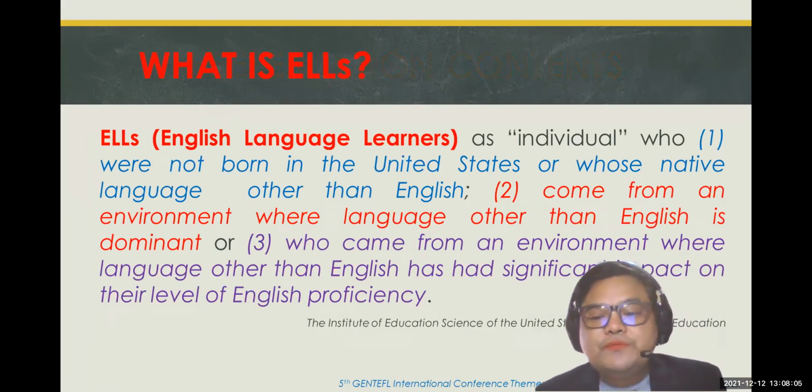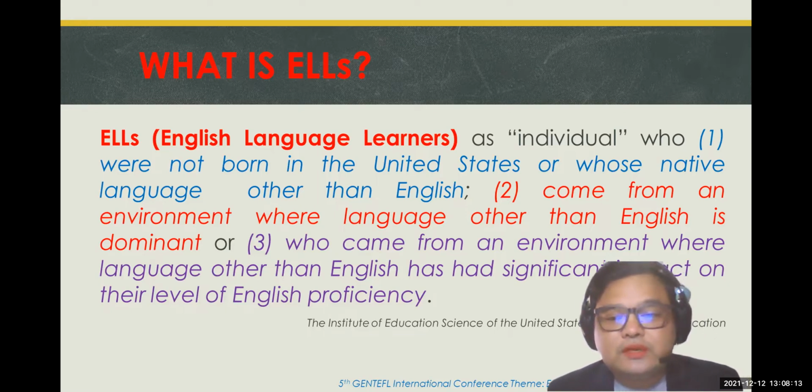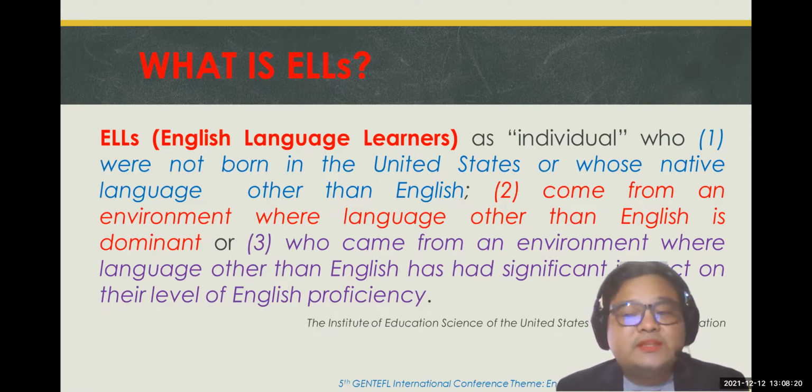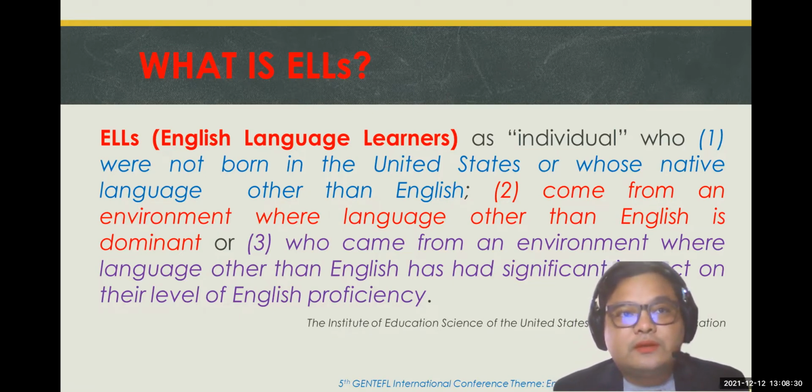So let me first discuss to you what an ELL is. An ELL is an English language learner. It refers to an individual who was not born in the United States or whose native language is not English. This is talking about mostly those countries where English is not the primary mother tongue.